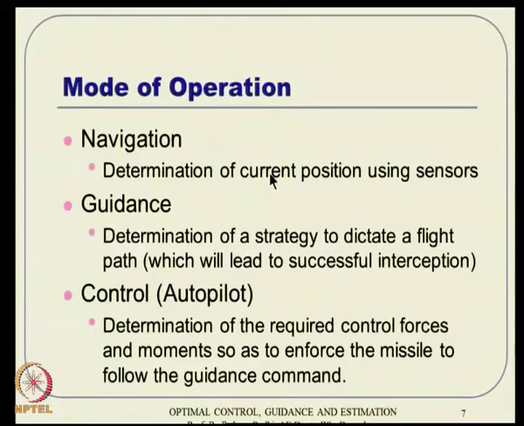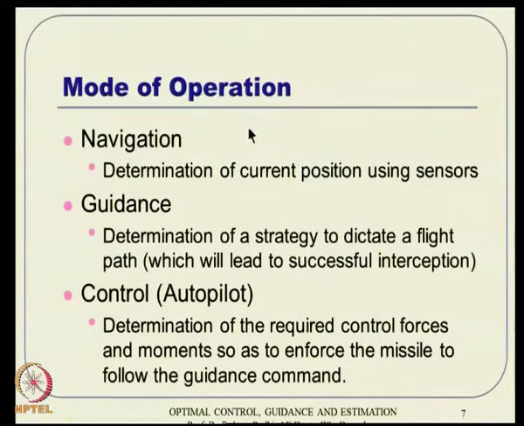We have the so-called INS, inertial navigation system sensors, GPS systems, magnetometers and many other things, which tell us the current position of the vehicle, and in addition the current velocity vector of the vehicle as well. It does not talk only about position. Position and velocity it will give us, both in translational motion as well as in rotational motion. That means attitude and attitude rate also it will tell.